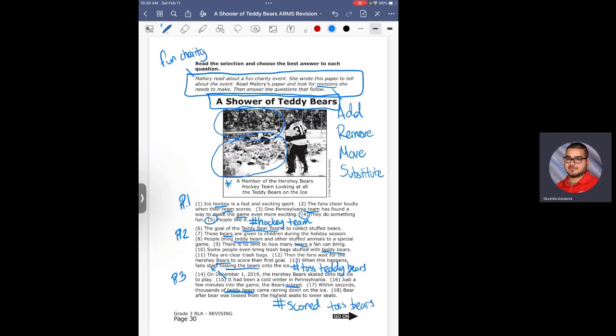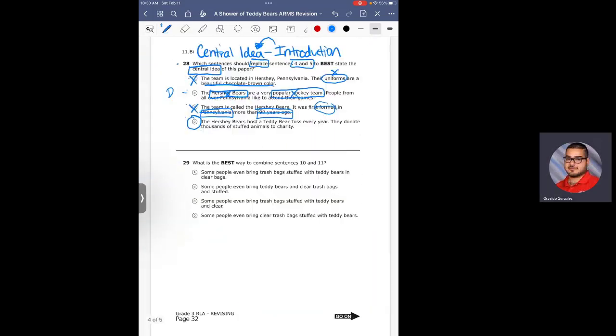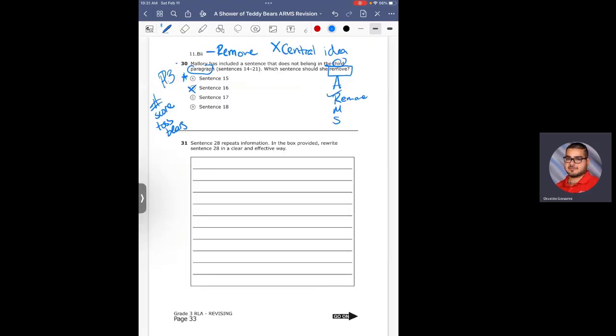Sentence 17 says, within seconds, thousands of teddy bears came raining down with ice. Not only does this sentence go with our central idea for the paragraph, but it also is related to our central idea of the title, right? It goes with the title, so we need that sentence in our text. So we cannot remove sentence 17.